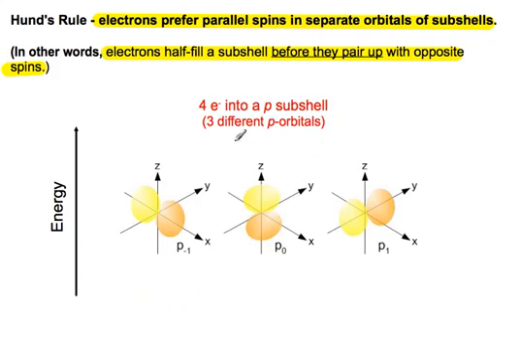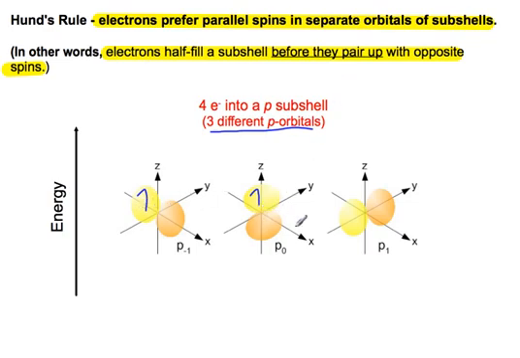I'm going to put 4 electrons into this p subshell. Remember, a p subshell has 3 different orbitals. So I'm going to put 4 electrons in there. I put one in. There's an electron with upspin. Now, Hund's rule says we half fill the subshell. So I can't put one in this first one. I'm going to put one in the second one, with the same spin.